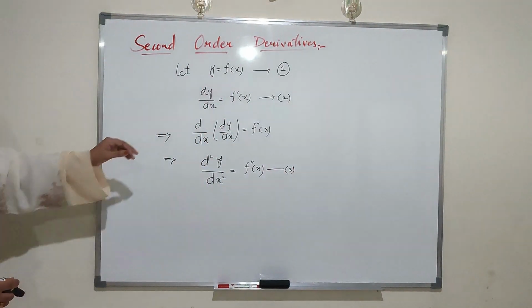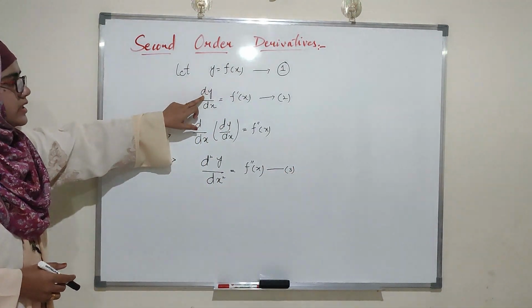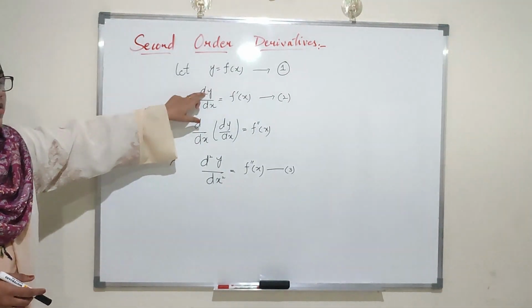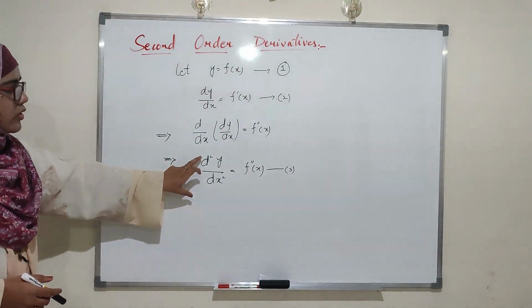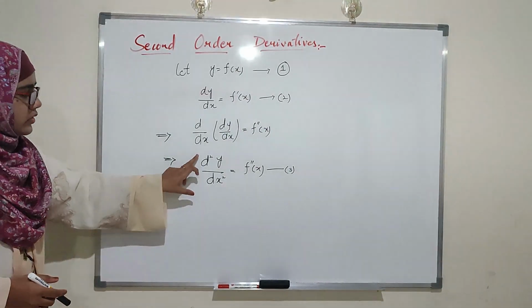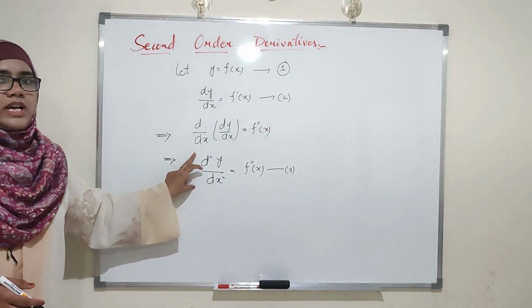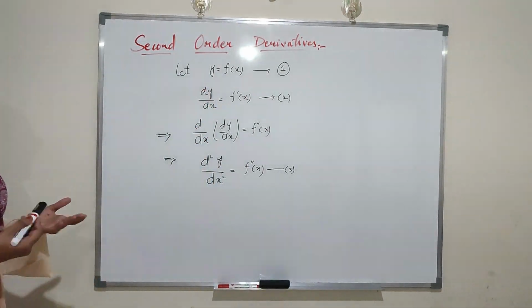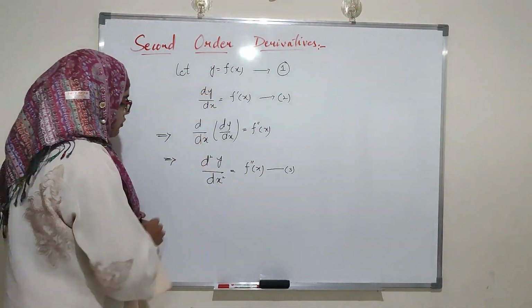So see here, differentiation of y with respect to x, we got dy by dx. Again differentiation of dy by dx with respect to x, we got d2y by dx square. So d2y by dx square is known as the second order derivative of y with respect to x.